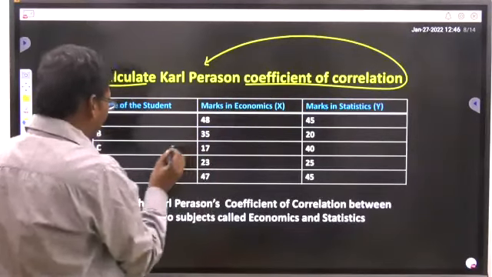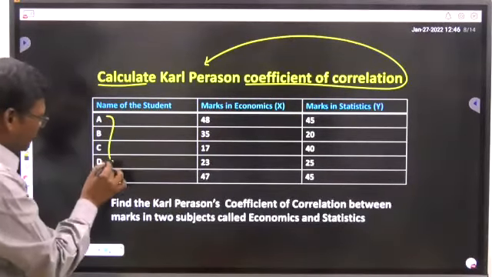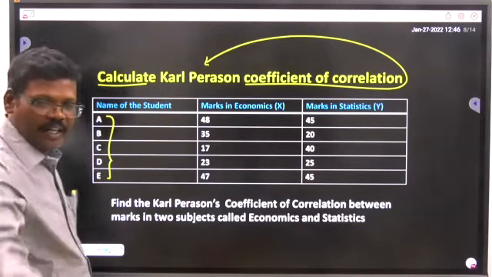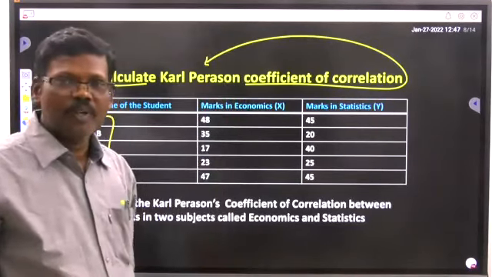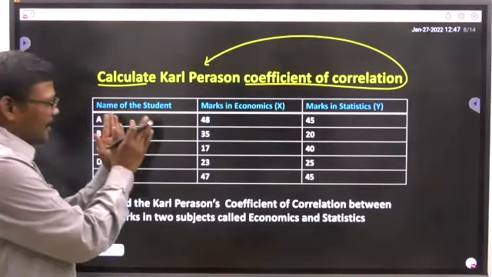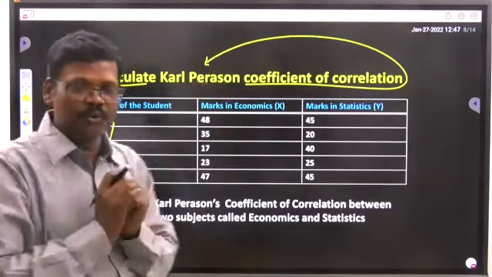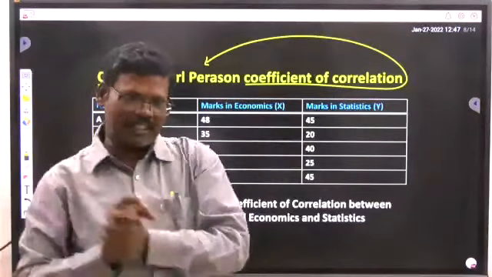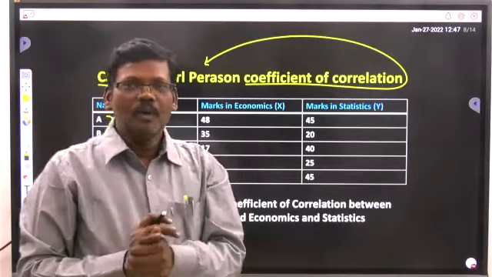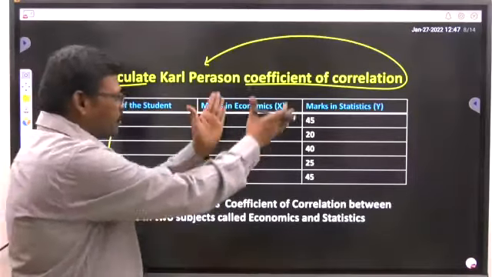There are 5 students, for example, in the class. Out of these 5 students, there are exams in two subjects, one is statistics and another is economics. Let's say, for example, their marks in both subjects are like this.